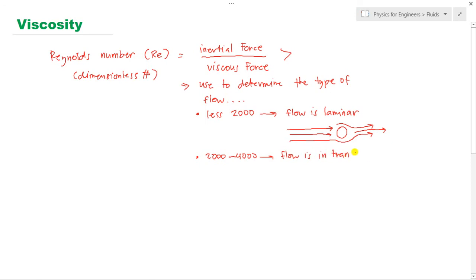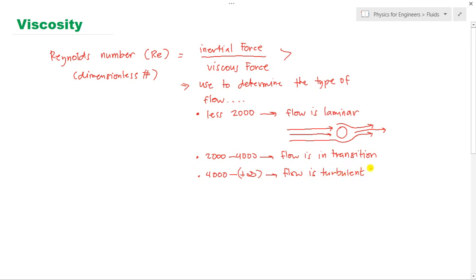So dapit-dapit laminar, dapit-dapit turbulent. And if ang value sa Reynolds number is 4000 to positive infinity, higher number, ang flow nato kay flow is turbulent.